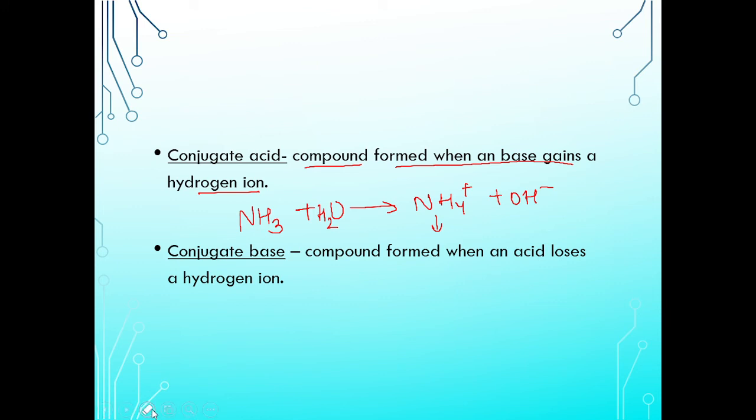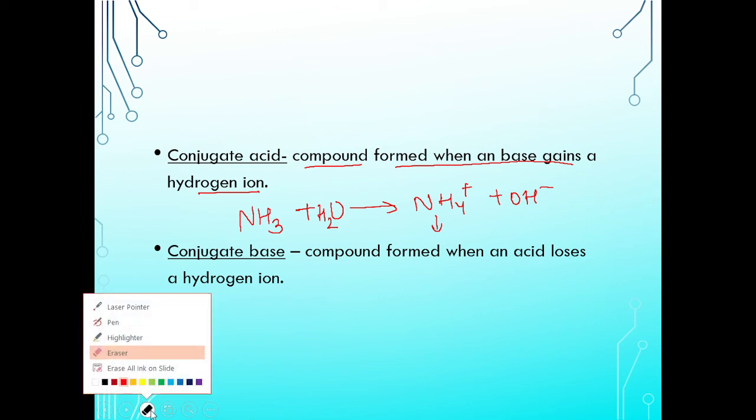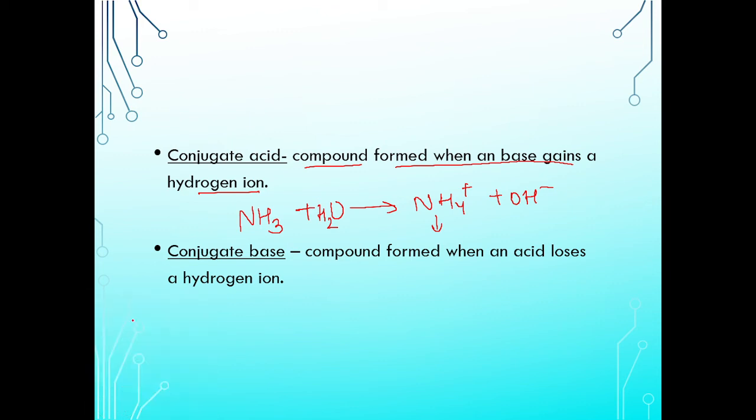So now moving to the next slide. For this I can give you the example of HCl. When HCl is added to water, it is going to give out H plus ion and Cl minus ion.